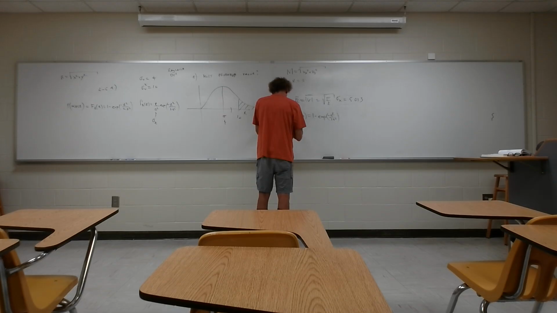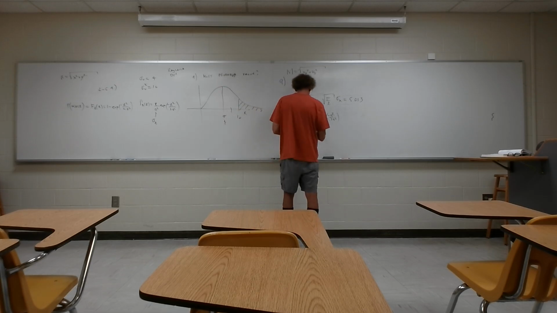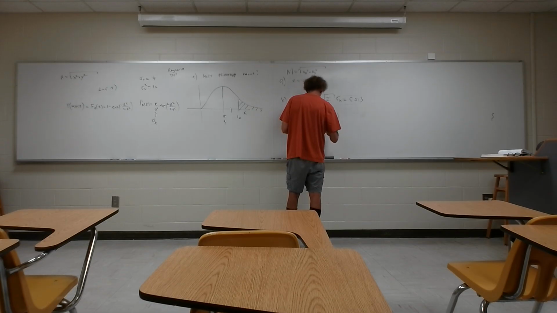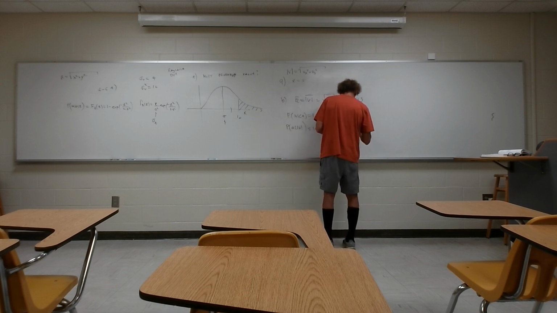So if I take the probability of the magnitude of V being greater than whatever A is, I can put 10, 20, 100, doesn't matter. That's just 1 minus F of the magnitude of V less than A. And the neat thing is, just by looking at this, it's just exp to the minus A squared over 2 sigma squared.